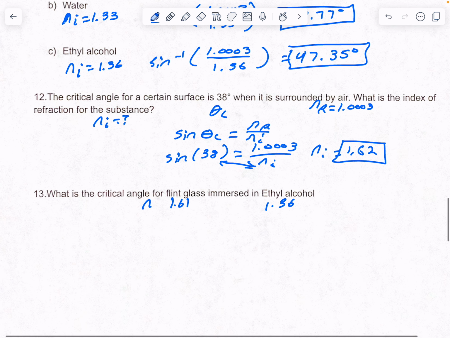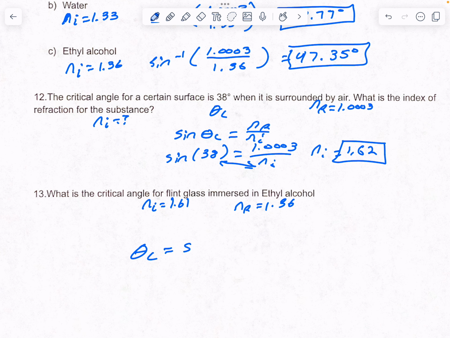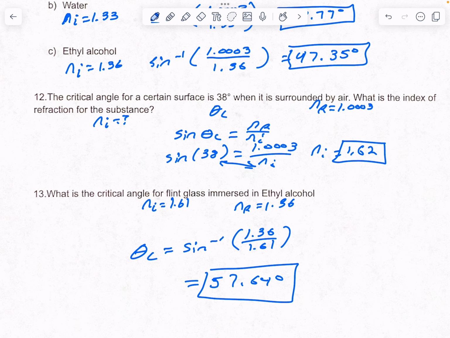So that means you have to be going from flint glass. Okay, so that is your NI, and that means ethyl alcohol is your NR. Okay, so critical angle equals inverse sine of NR over NI, so 1.36 over 1.61. And you get a critical angle of 57.64 degrees. That'll end that one.